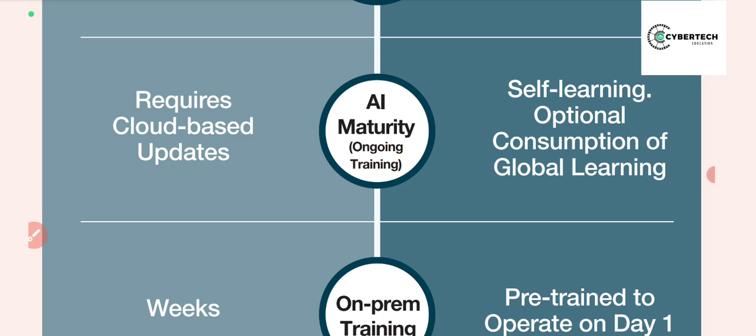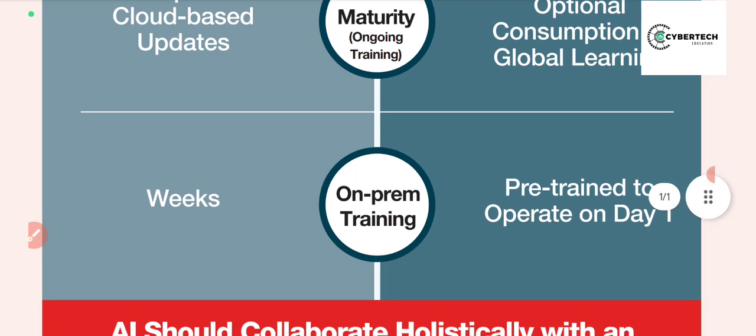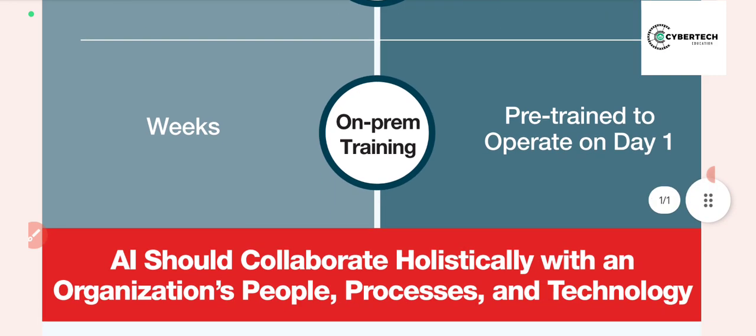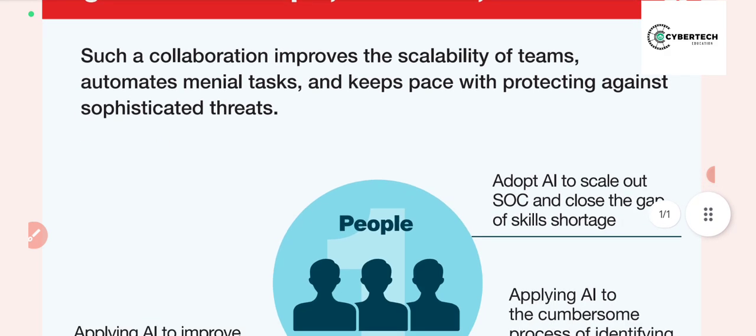Then there is self learning, optional consumption of global learning, and on premise training, and pre-trained to operate on day one. AI should collaborate holistically with an organization's people, process, and technology.